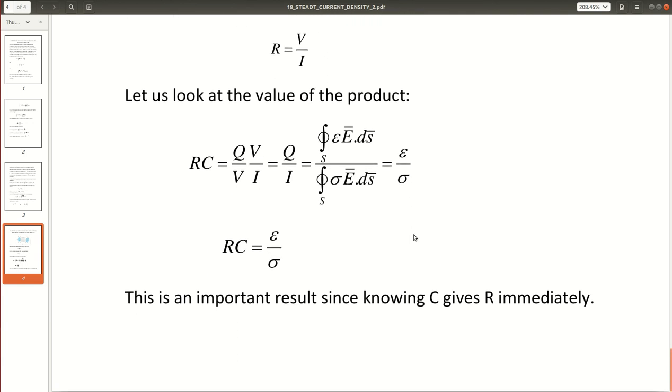This is an important result, since C gives R immediately.